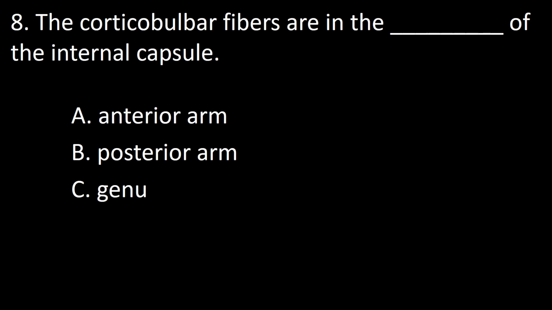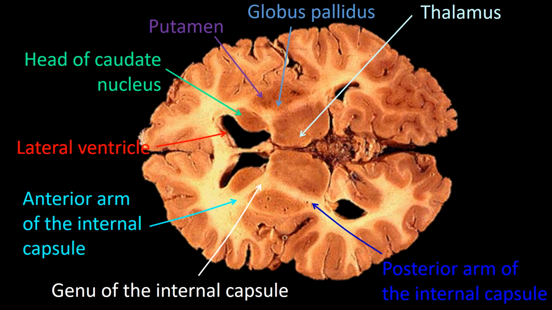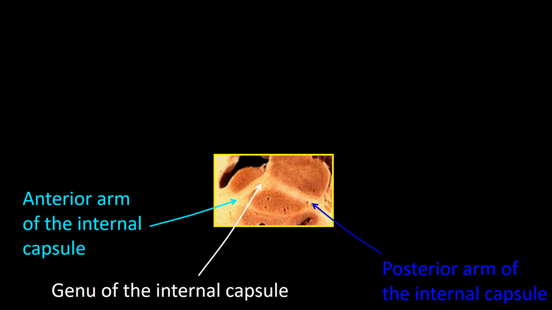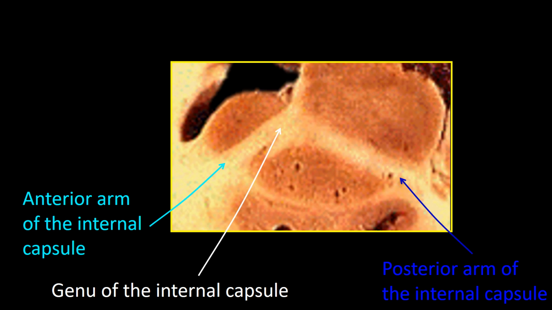Next question. The corticobulbar fibers are in the dash of the internal capsule. A. Anterior arm. B. Posterior arm. C. Genu. This labeled image was presented to you previously. To it, I have just added a rectangle. I have done so to isolate this area. Here I have enlarged it.